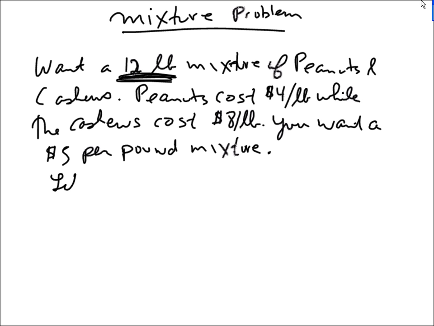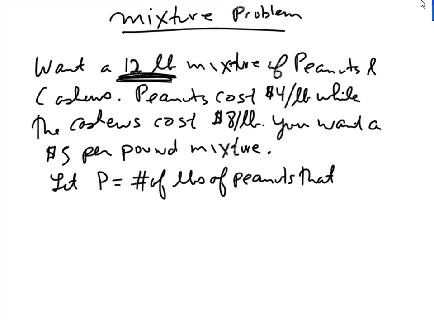So let P equal the number of pounds of peanuts that you buy. Now, we're going to call something else the number of pounds of cashew nuts that you buy.